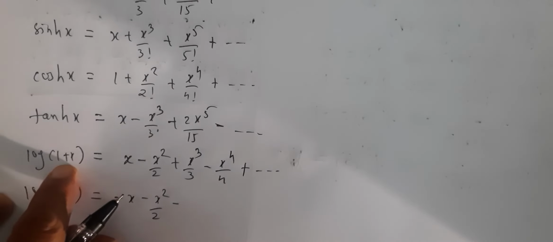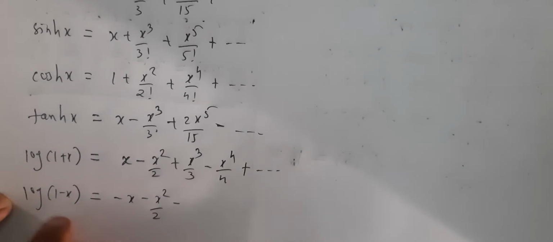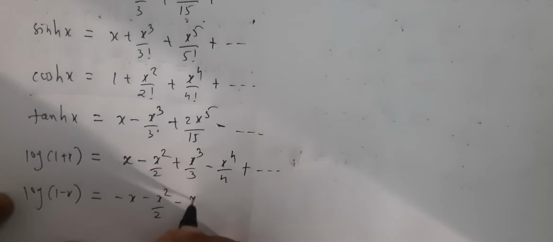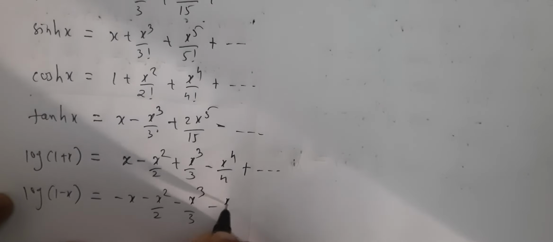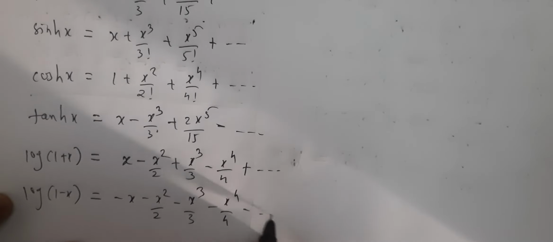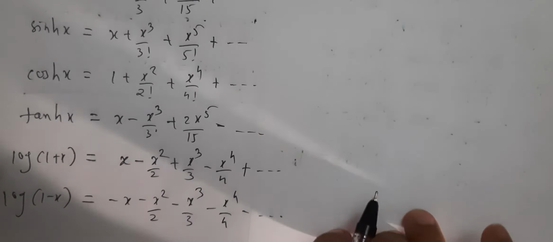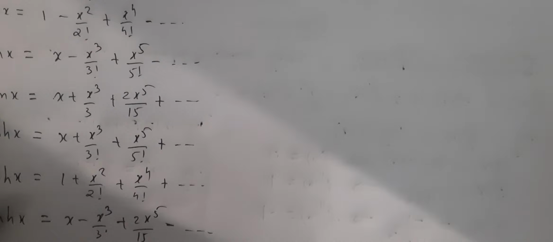That is, log 1 plus x is alternate plus minus. For log 1 minus x, all are minus. So again I'm telling you this way you can remember all the expansions, because you must know them and you can't just simply mug them up.